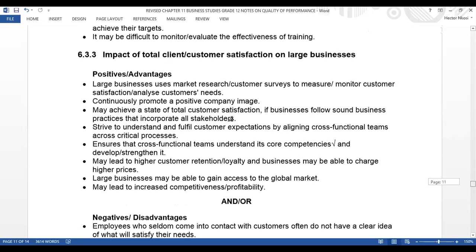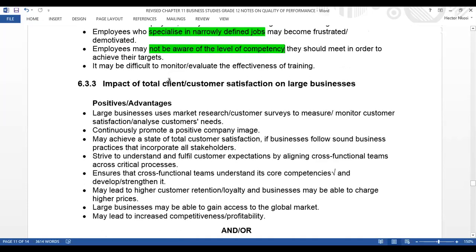Now I want us to look at the impact on total client, or clientele, or customer satisfaction. So what are the good things if our customer satisfaction is good? What are the nice things about that?